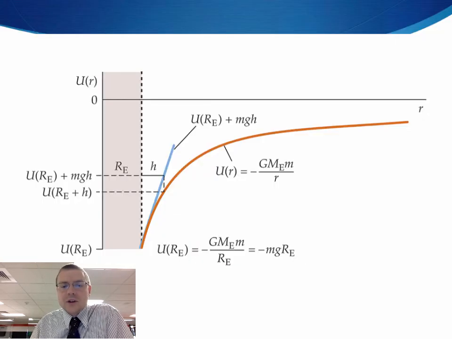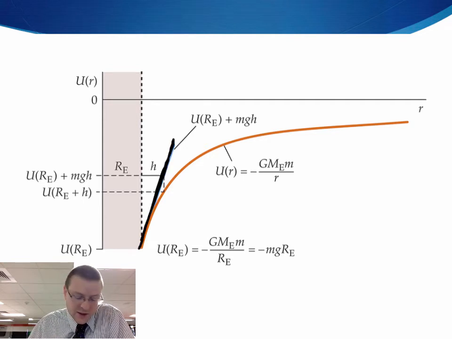So here's the curve. The curve is a negative 1 over r curve for gravitational energy, GMm over r. And as it follows that curve, where we live and what we're usually used to is living on the surface of the Earth and lifting off the surface of the Earth. So when we do that, what we can say is that right along the tangent line of this gravitational energy curve, that's where you get your mgh.